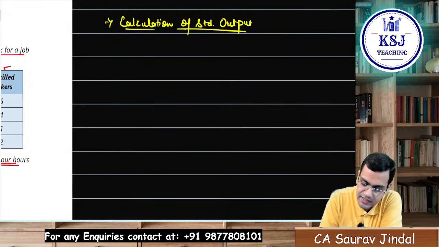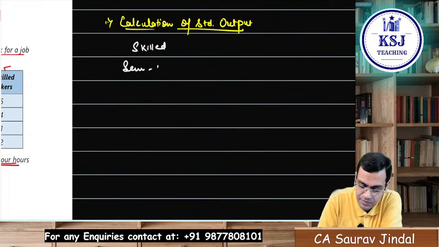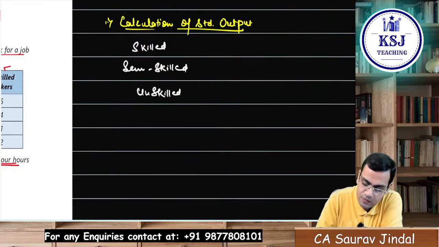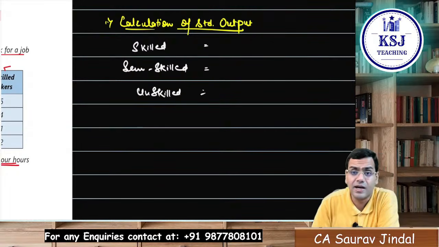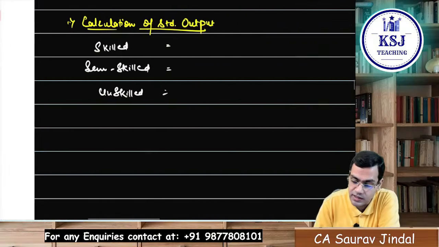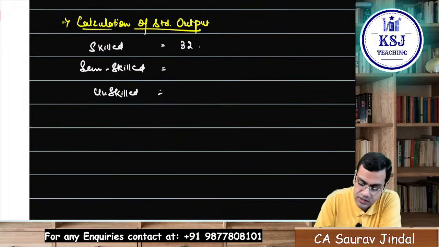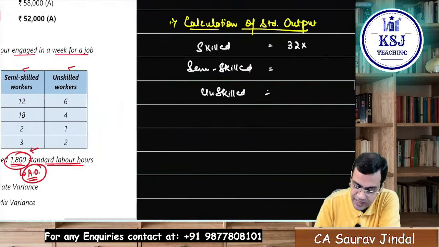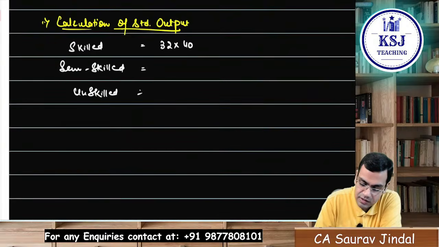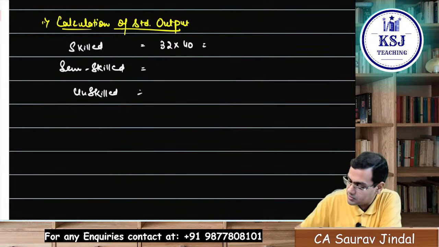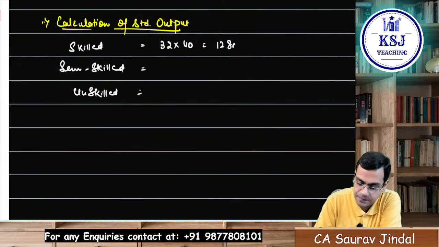Standard output says that there are 3 labors: skilled labor, semi-skilled labor and unskilled labor, right? What are the standards? The standard output is that 32 workers will be working for 40 hours in a week, right? That is 32 multiplied by 40, that is 1280.